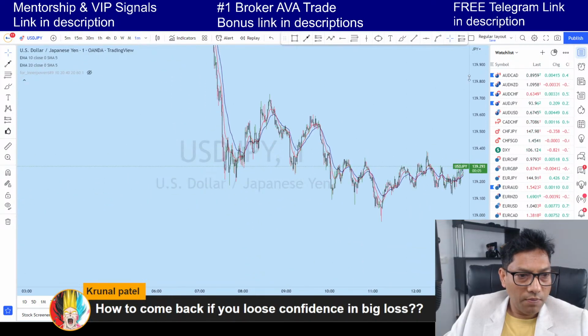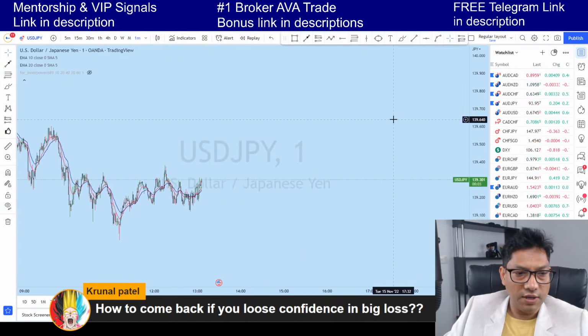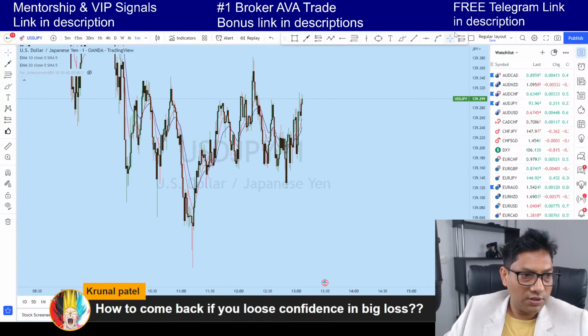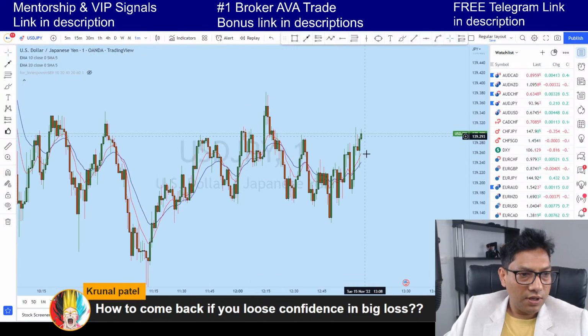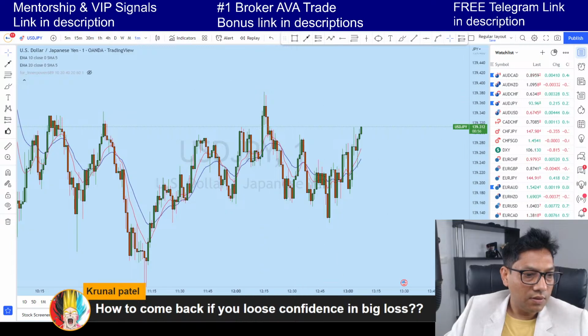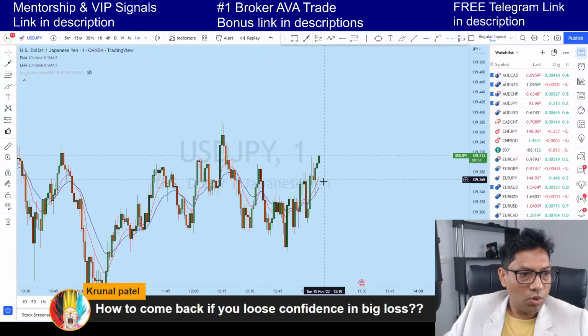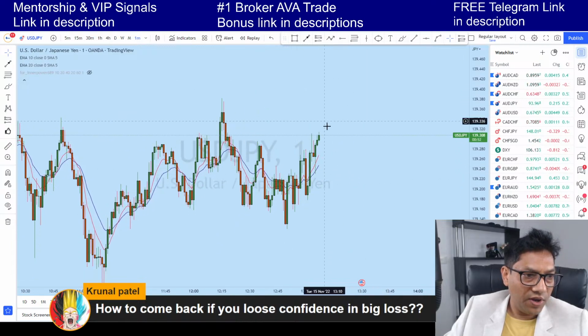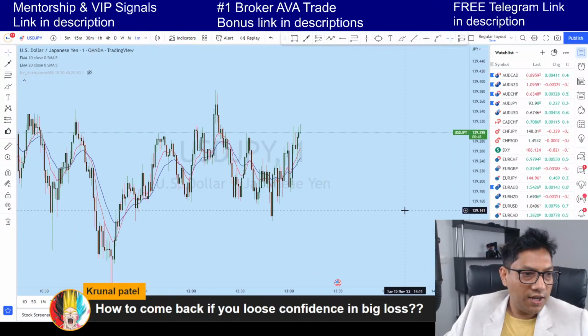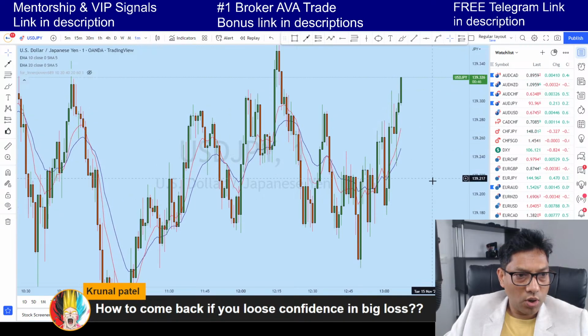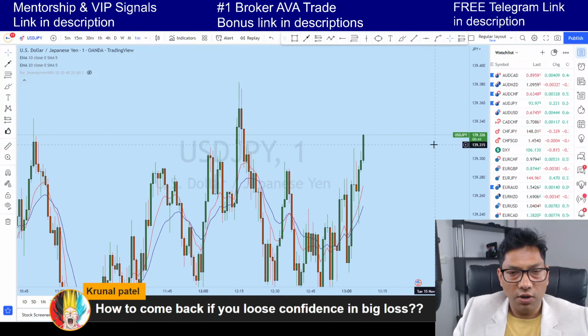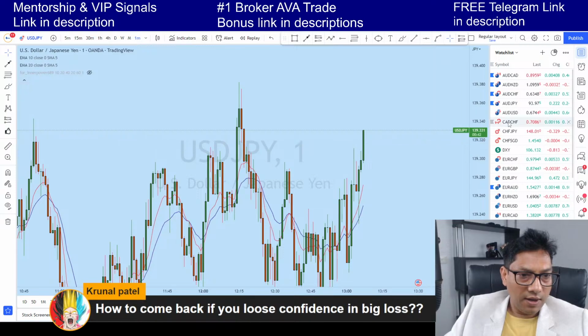The 1 minute chart is very easy to read and understand. Why? Because it is going very fast. Every minute there is a new candle. So I just placed that 1 minute chart and observed.